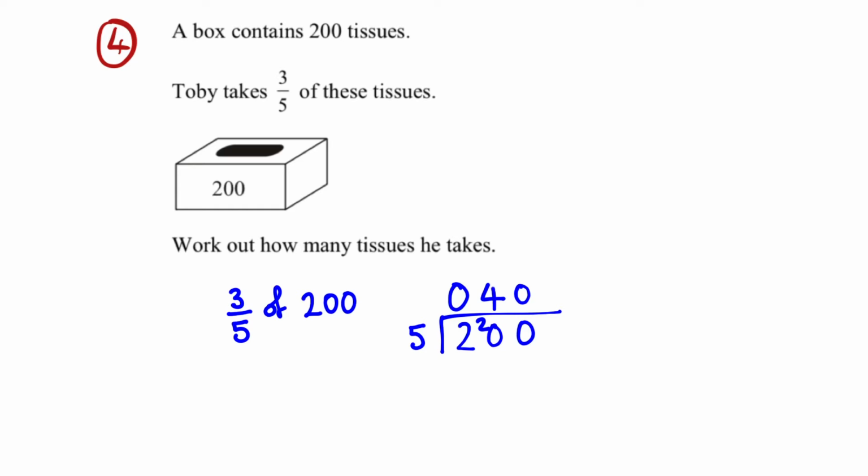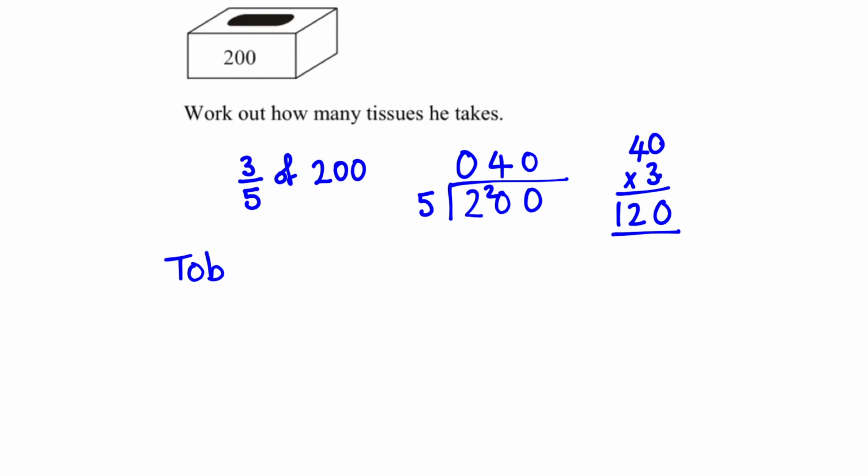So 1/5 of 200 is 40. So if we need to find out 3/5, we need to do 40 times 3, which is quite straightforward because 0 times 3 is 0 and 4 times 3 is 12. So Toby takes 120 tissues, and that's what we should write because we need to be really careful that we're answering the question that's been asked.